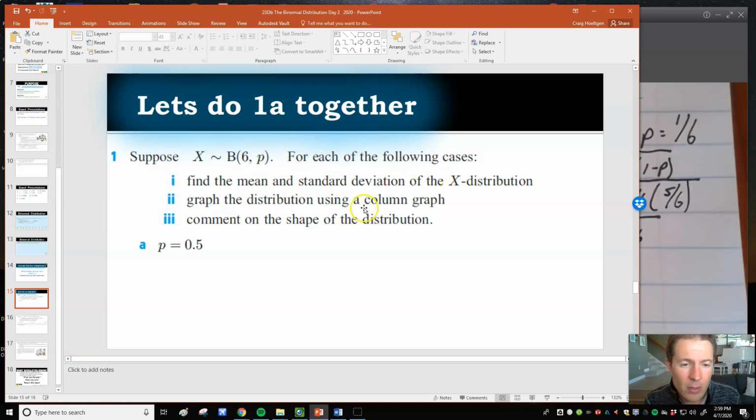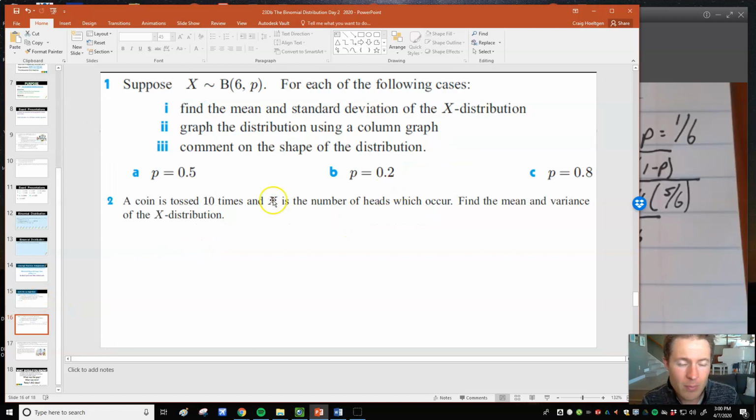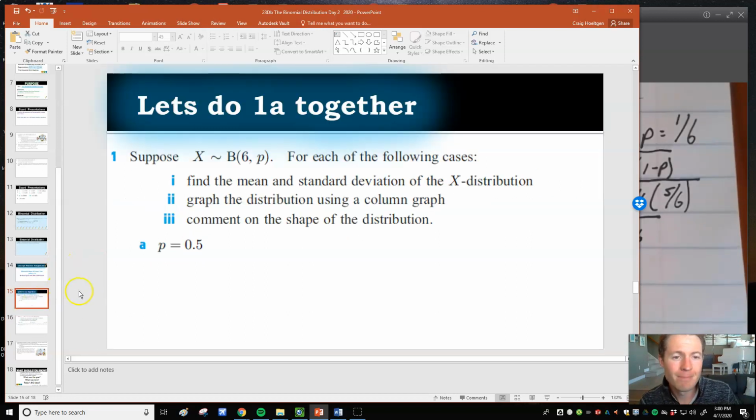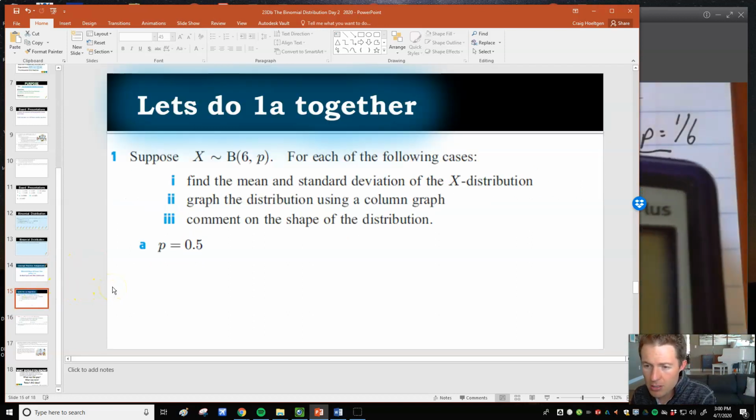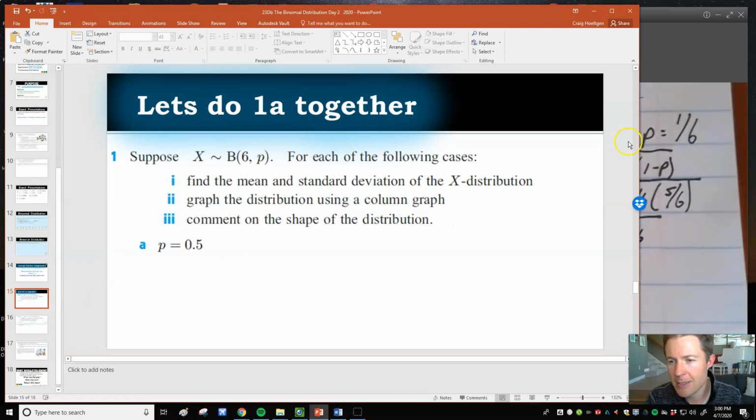Well, that's relatively straightforward. Just those 2 equations we did a second ago. Graph the distribution and comment on the shape. Well, mean and standard deviation, you guys can do that one, but let me show you these other 2 real quick. So they're giving you the probability. The full question one is there with 3 different probabilities, but I want to do this first one together. All right, so what we're trying to do here, let me pull this over now so you can see it.